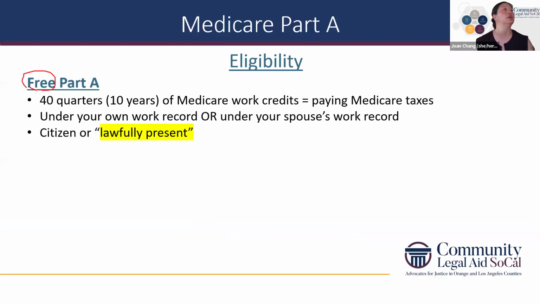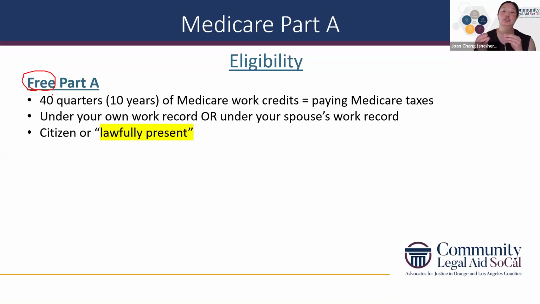So Medicare Part A can be free, right? Let's talk about free. When it's free is when you or your spouse have paid into the Medicare system. I don't know if you've ever had a pay stub job where you see how much taxes are being taken out of your well-earned money, and there'll be a line that says Medicare, Social Security.